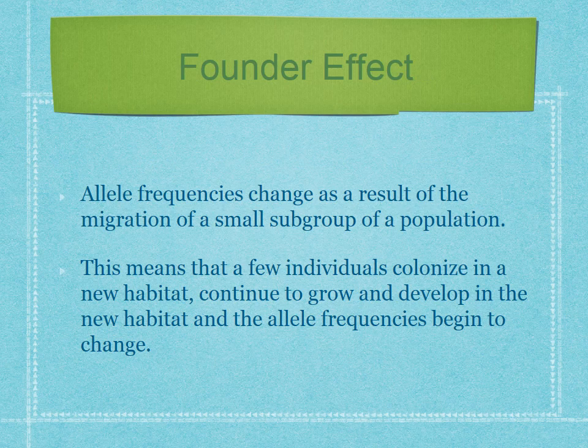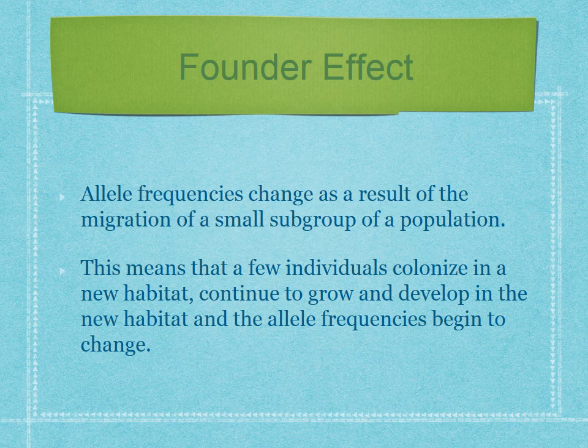Then we have what's called the founder effect. And allele frequencies are going to change as a result of the migration of a small subgroup of a population. So essentially, when people go out and move to different areas, they're migrating in some way. And they are going to spread their gene pool into another gene pool.